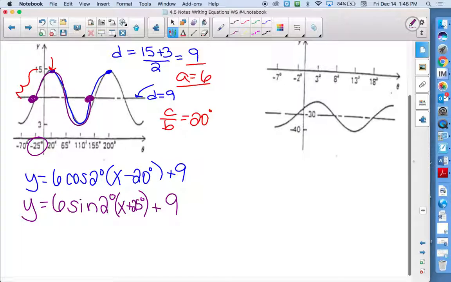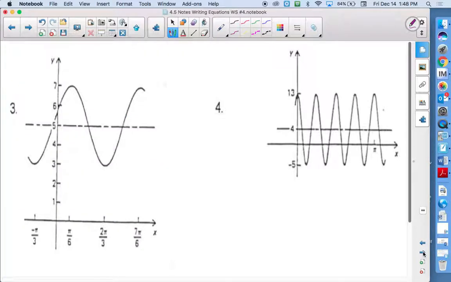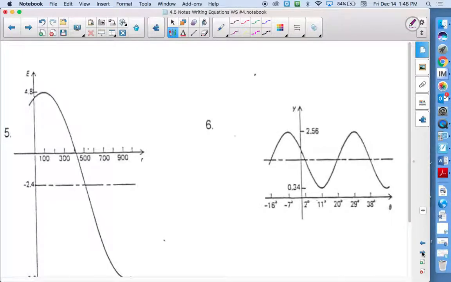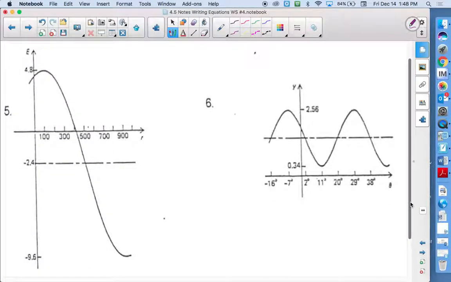Questions? So we're going to turn to another page, but if you just look down at number 5. So number 5 starts at its peak, but you only have half of it because it's supposed to end up high. What would you do for the period if you only know half of it, Virginia?